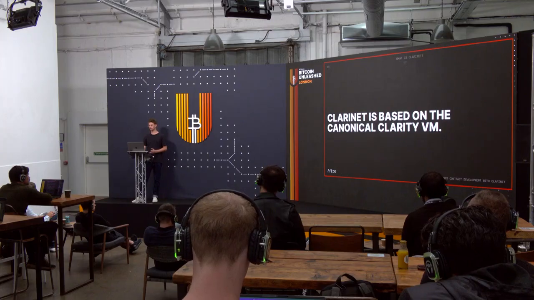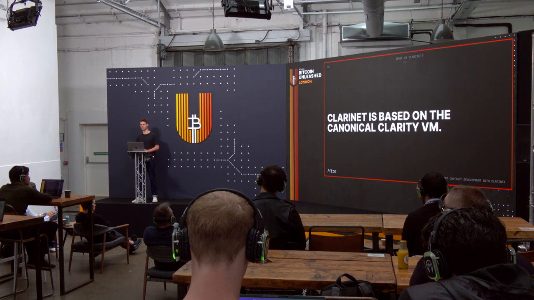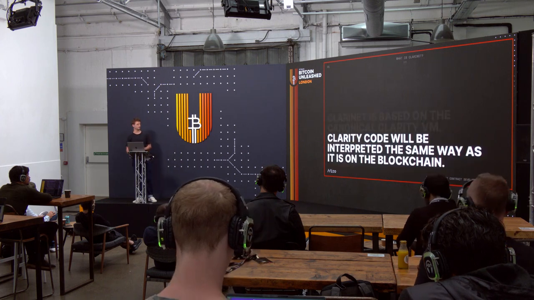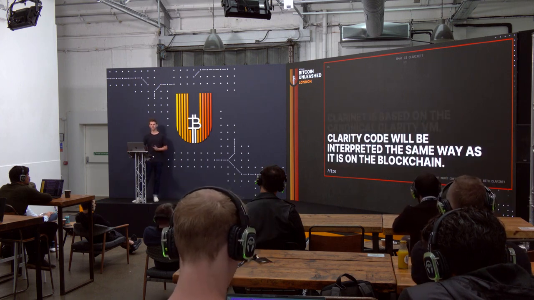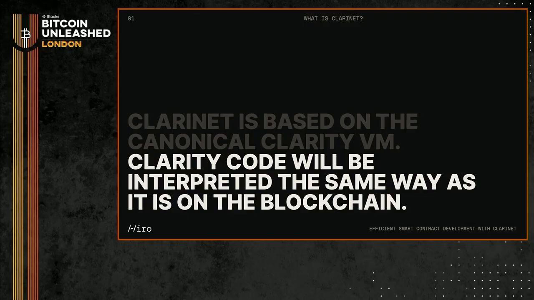A very important part of Clarinet is that it's based on the canonical Clarity VM. What it means is that we use the same code in Clarinet as the code that is used on the Stacks blockchain node. It's really the same source code, which is imported into Clarinet from the Stacks blockchain.